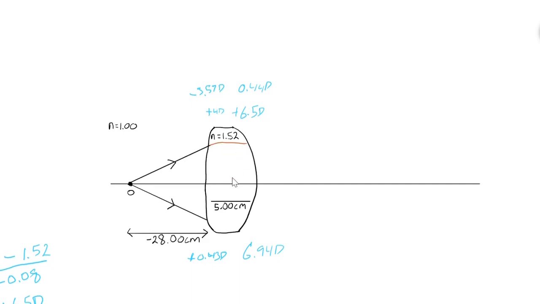So the rays coming through the lenses in this direction. Let's say the image falls around here. Our final image, if you remember, we got 14 centimeters. So from the posterior surface to the image, it is 14 centimeters.